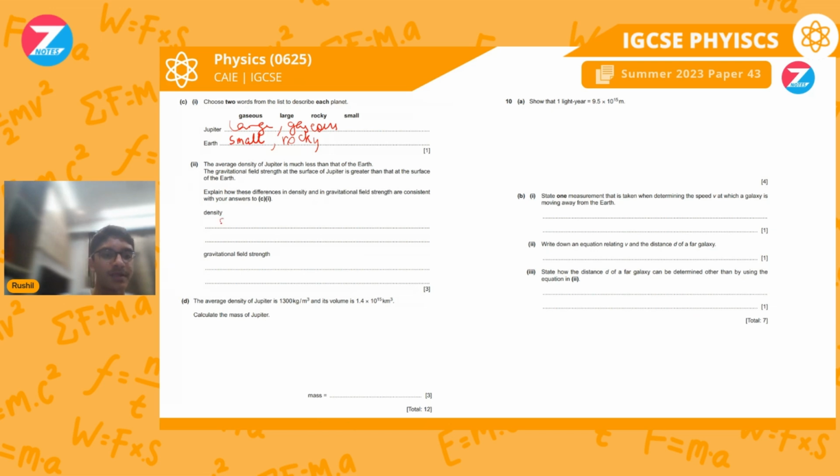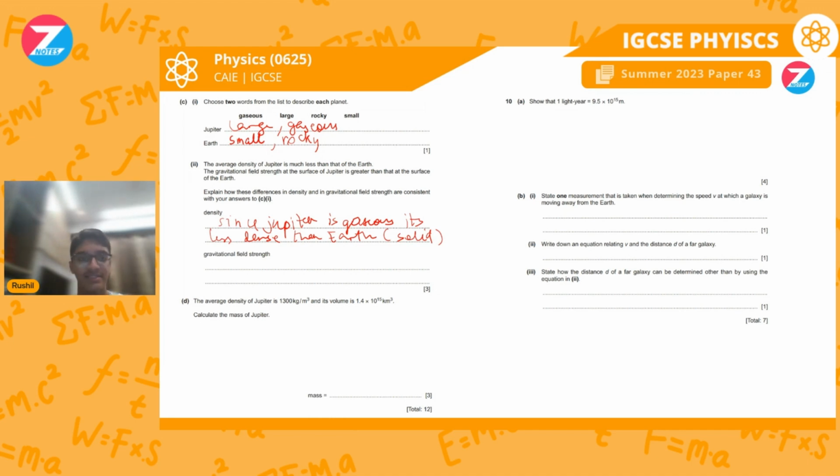So since Jupiter is gaseous, it's less dense than Earth because the Earth is solid. Since obviously in a gas the particles are spread apart, whereas in a solid they're close together in their lattice structures.